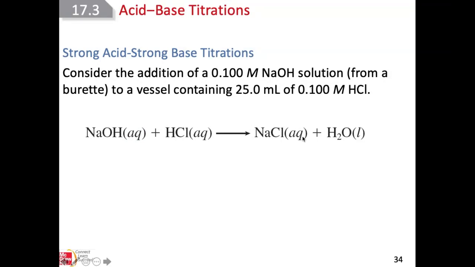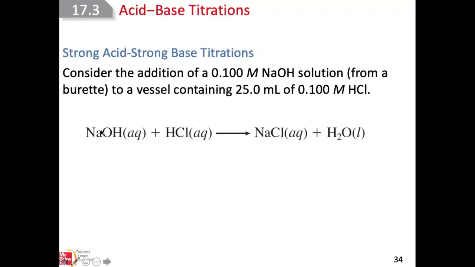You know that NaOH is a strong base, which will completely dissociate into Na plus and OH minus. HCl is a strong acid, H plus Cl minus. NaCl is a salt, an ionic compound, which also completely dissociates into Na plus and Cl minus ions.